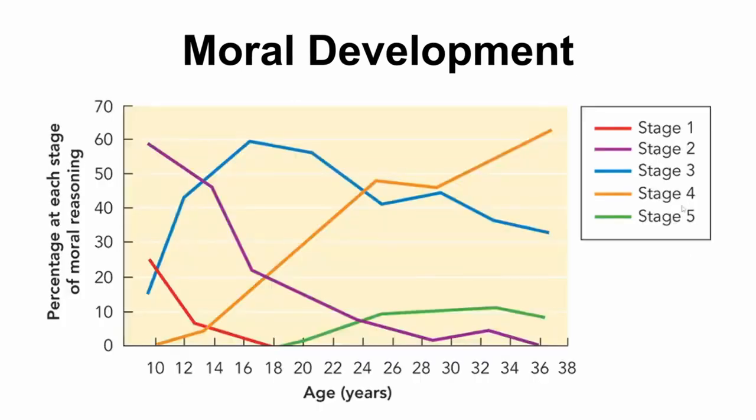However, this study actually had that last level, they didn't break it down into 2 separate substages, which is why we've ended up with 1 through 5 instead of 1 through 6. But the first 2 being that first level we discussed, the second 2 being our second level, and then the last 1 being our third level. So close, but not quite the same as what we've been talking about.